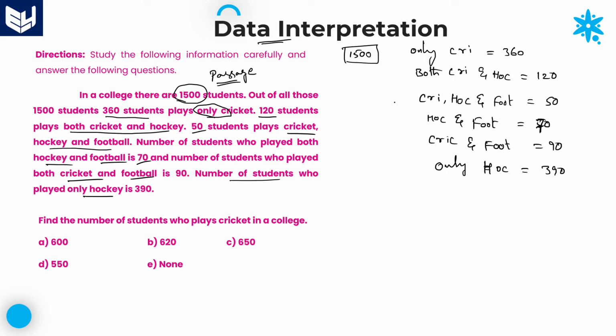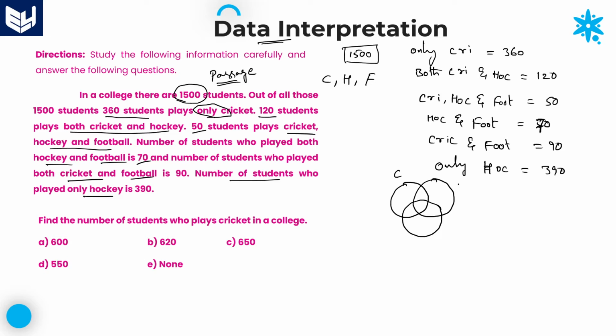If you observe carefully, here we have three different games: cricket, hockey and football. Whenever a passage is given with this kind of information, you need to draw the Venn diagram for these three. One circle is for cricket, one circle is for hockey, and one circle is for football.